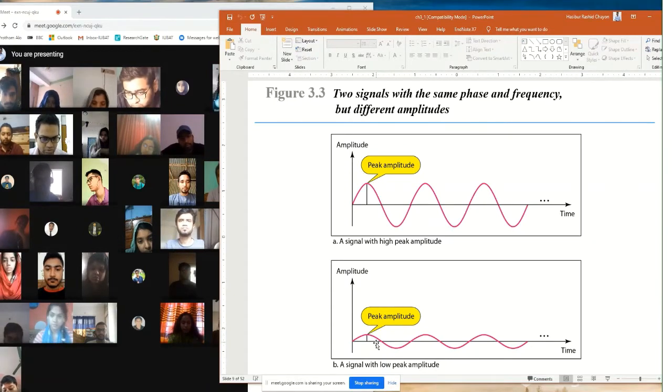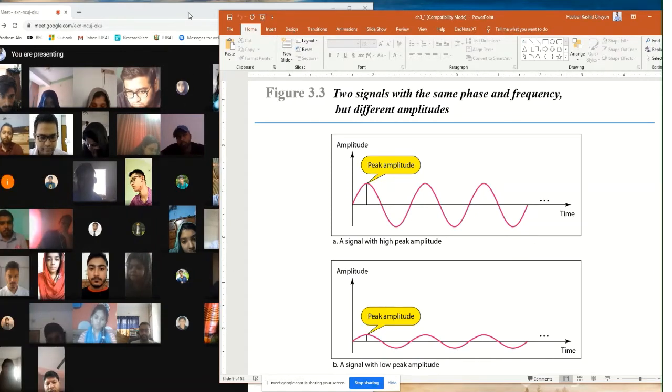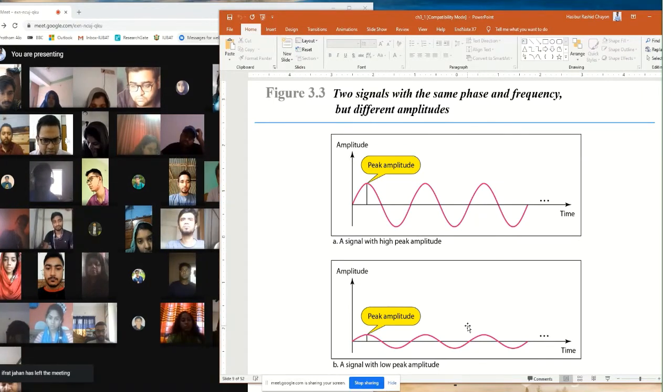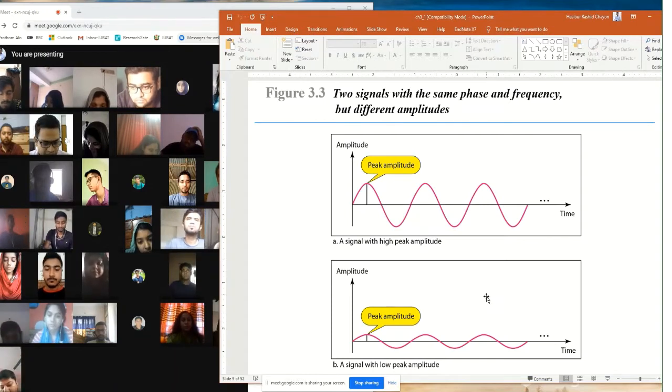These two signals are almost the same. Anyway, it will be difficult for you, but let's try. Look at these two signals. Looking at these two signals, what do you think, which one's wavelength is higher and which one's wavelength is lower?